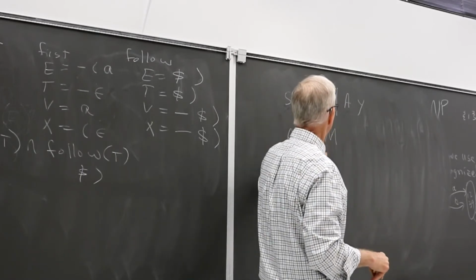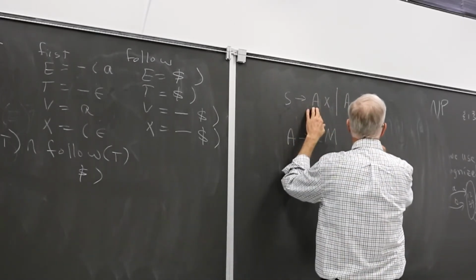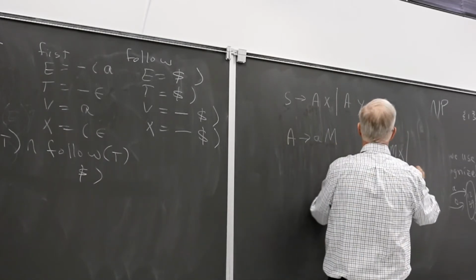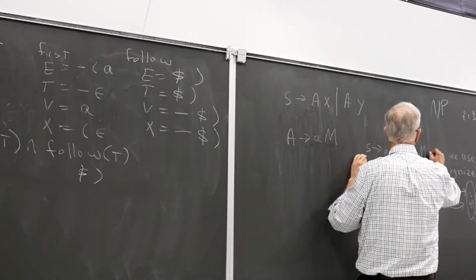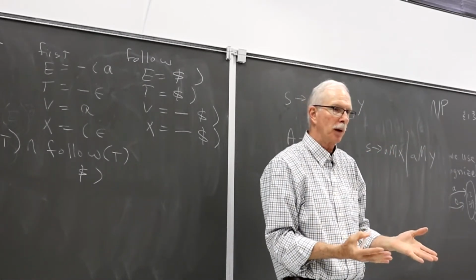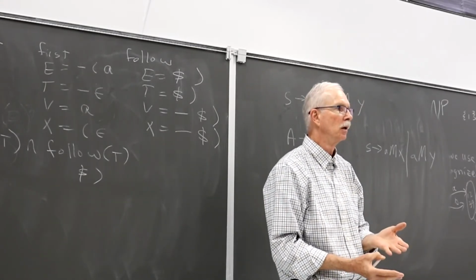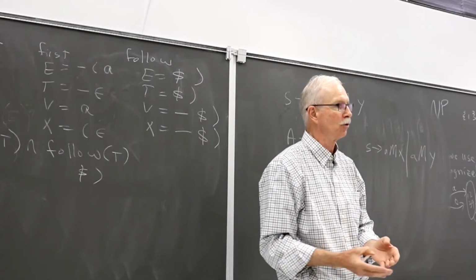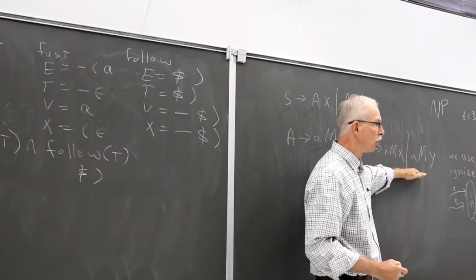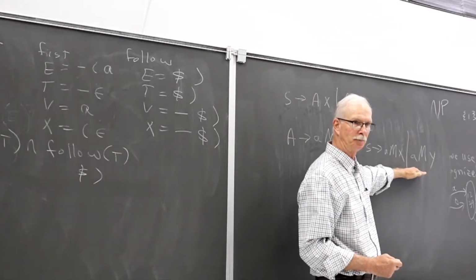So I called function A. See, this is really S goes to AMX or AMY. That's the left factor. But I didn't write that. I just looked at the grammar and figured out what it had to be. So I kept these rules, but I coded this. That makes sense?